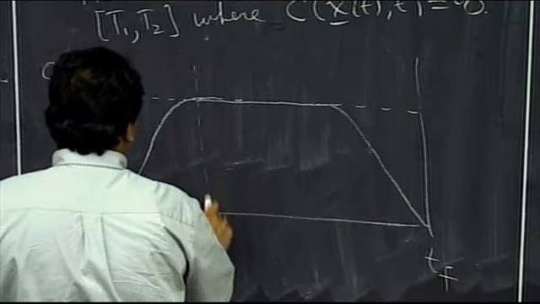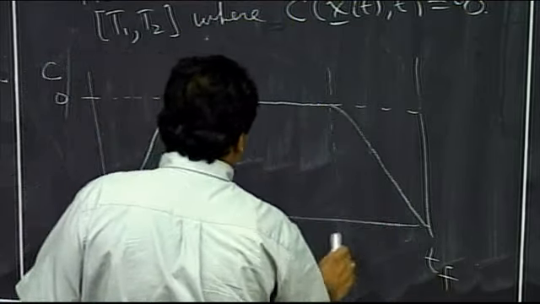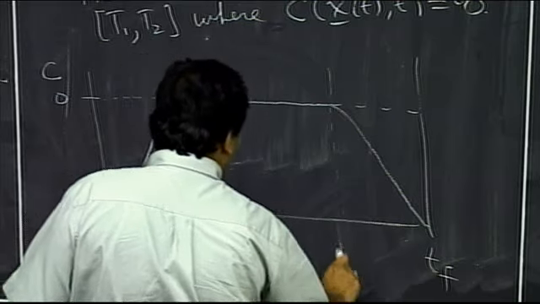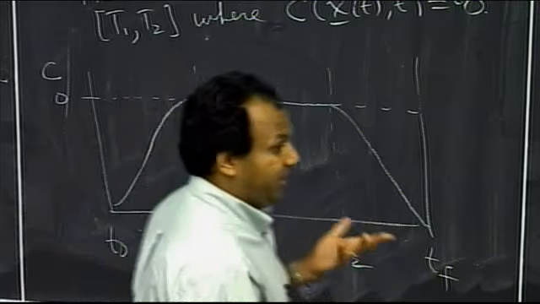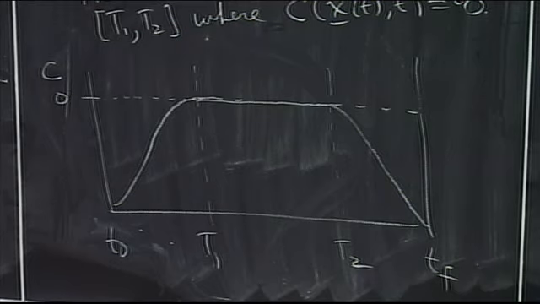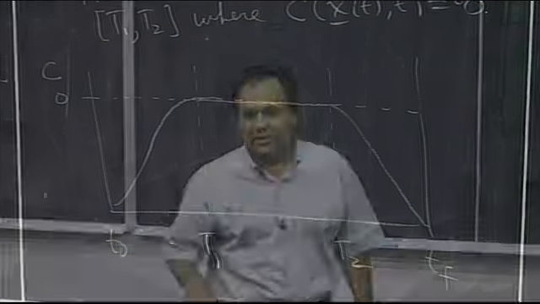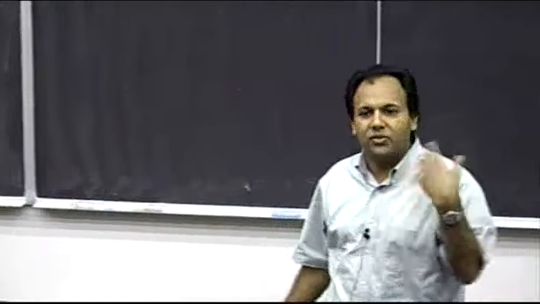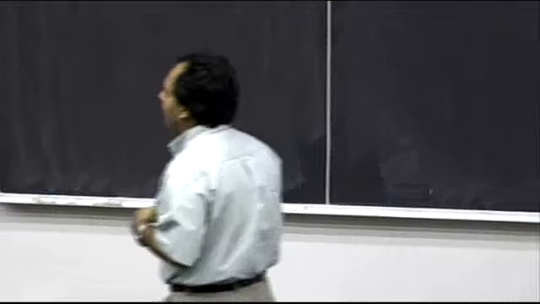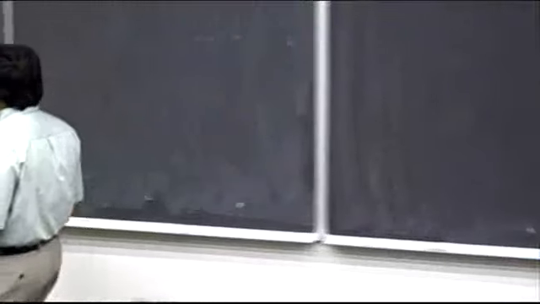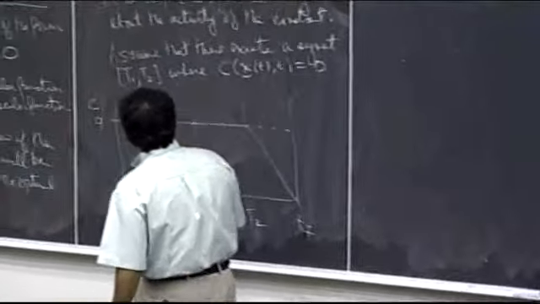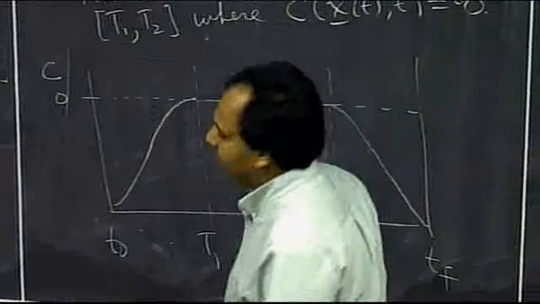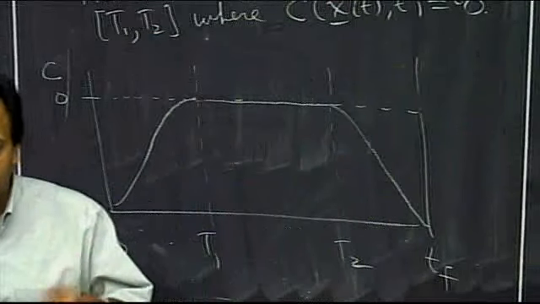So here's T1, and here's T2. Of course, it's a big assumption, right? I mean, you don't know whether that's actually going to be the case. It could be that it comes up, hits it, comes off, hits it again, comes off, hits it again. You don't know how many times this is going to happen, right? But you have to make some kind of assumption that this is the case. Now, just assume for the sake of simplicity here that there's only one such arc where that happens, where it doesn't happen multiple times.